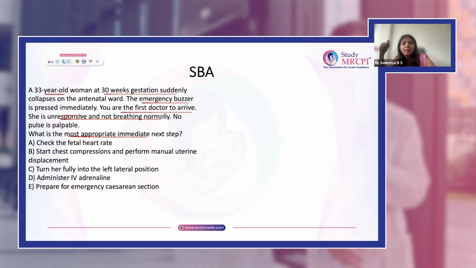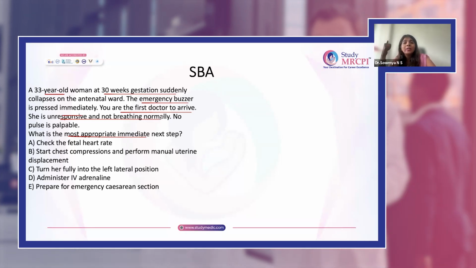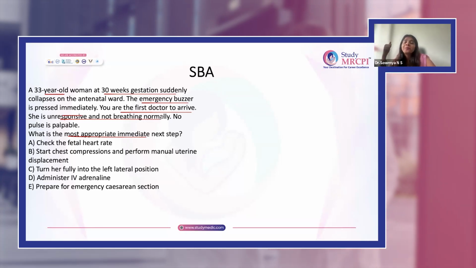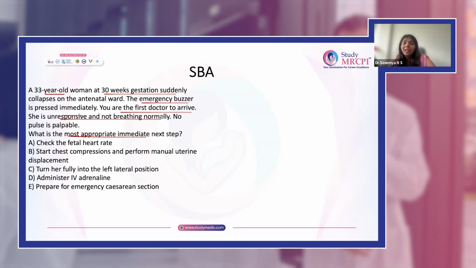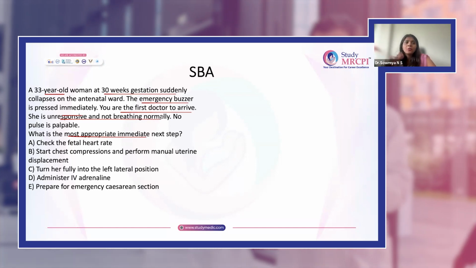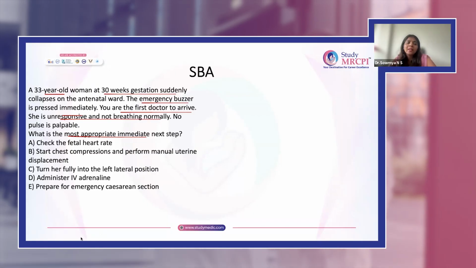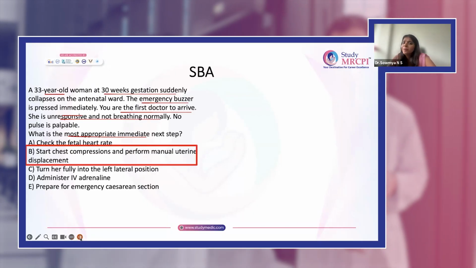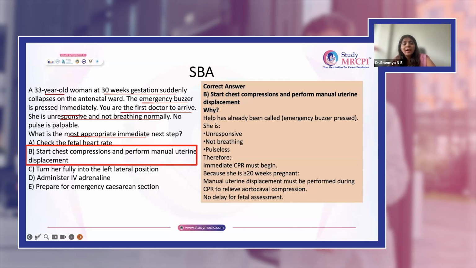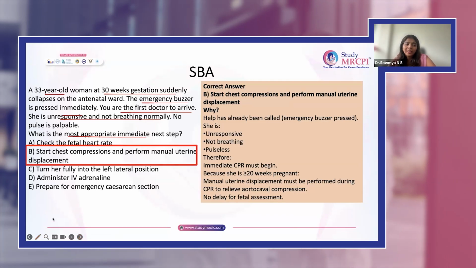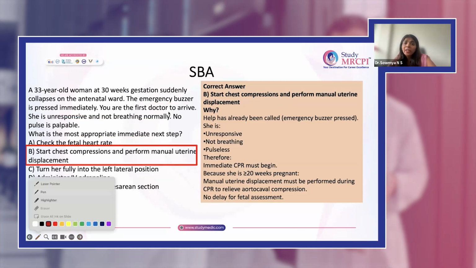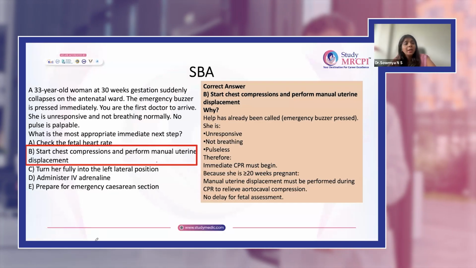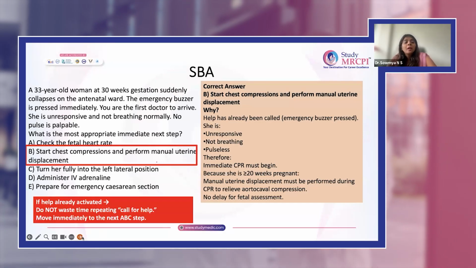So it has been checked, no signs of life, and you have called for help. Third thing, no breathing. So obviously the next best thing which comes to your mind would be to start CPR and manual uterine displacement. Okay, guys, hope this is easy and clear. Make sure to follow this protocol.